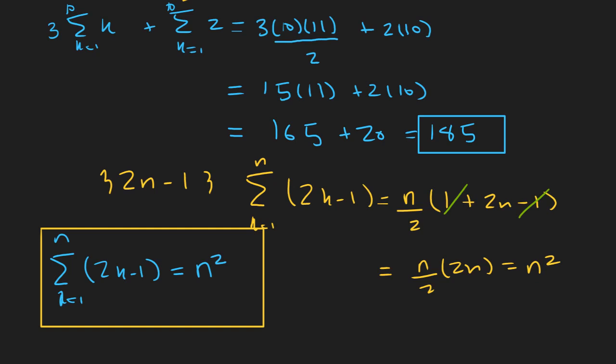I can leave that as an exercise: if you have the even sequence and you're adding from k equals 1 to n of 2k, what would be the formula for this one? Okay.